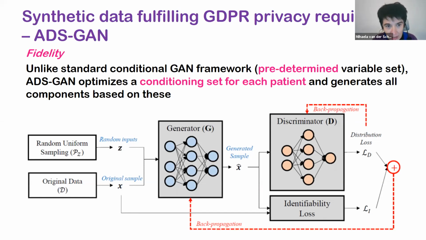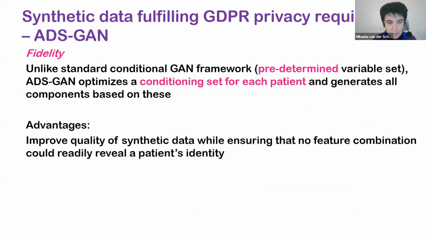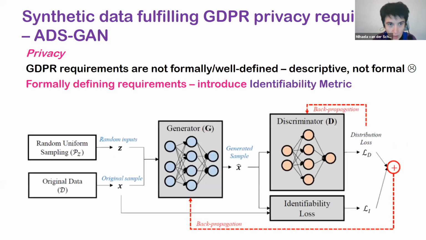And we'll generate these components for the entire set of parameters of the data set, conditioning on different things for each patient as learned through our framework. The advantages of doing that are that we can improve in this way the quality of the synthetic data while ensuring that no feature combination could readily reveal a patient's identity.